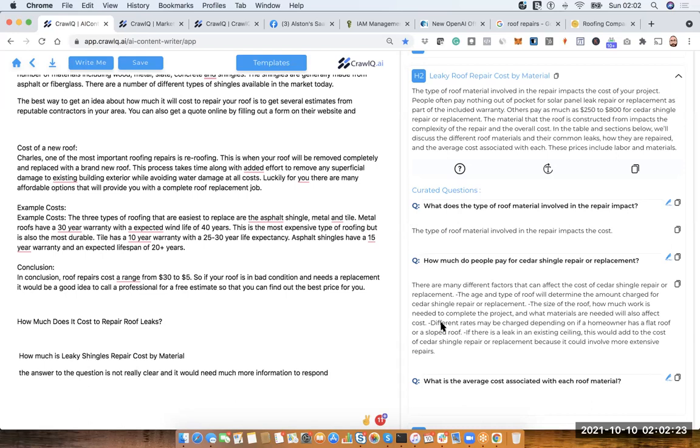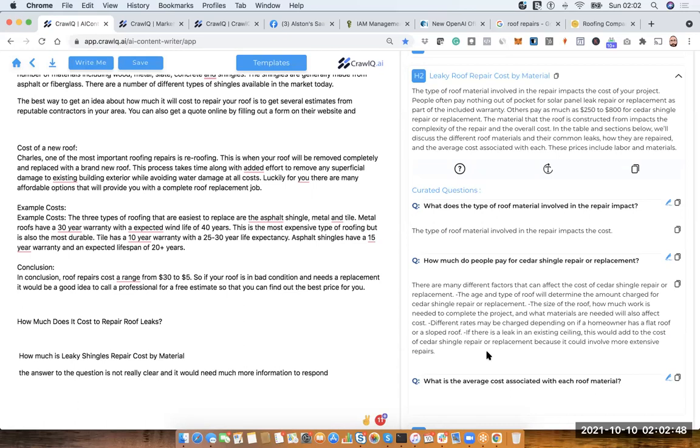And in this case, you could decide whether it's cedar shingle or traditional shingles. At that point, I'd probably go with the one that is more popular, which is probably the traditional shingles, the little tar ones or whatever you call them.